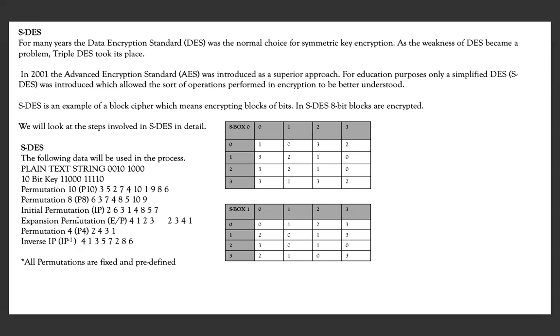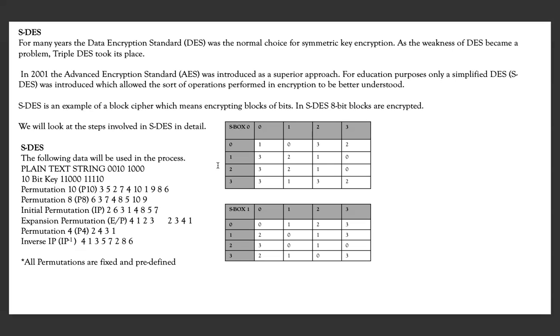This is known as expansion permutation. Now, these permutations that you see here are predefined and fixed. So this sequence of numbers will always be exactly the same, okay? You'll be needing these permutations in this sequence at some point. So we'll be looking at how they're being used later on.